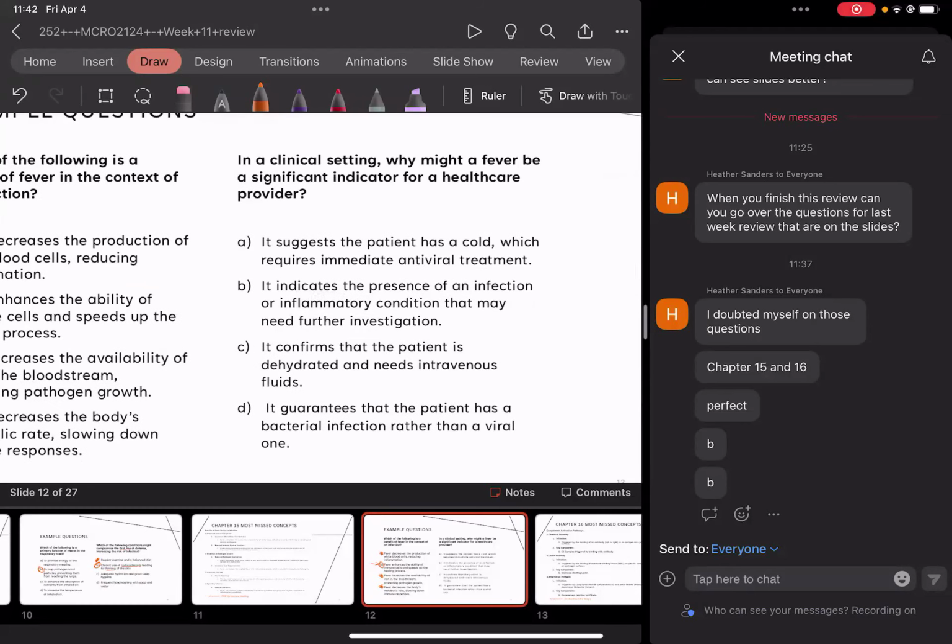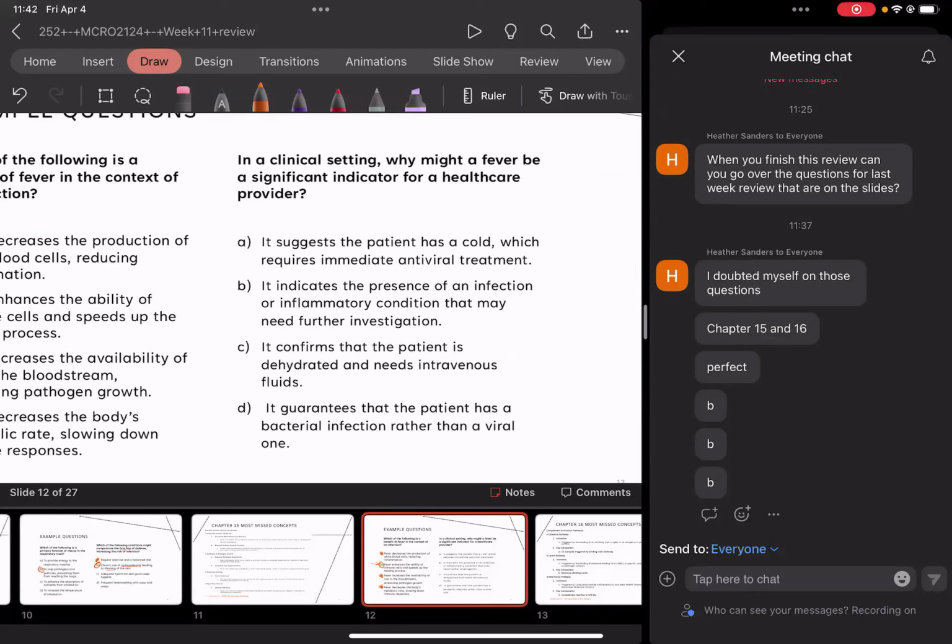Our next question, in a clinical setting, why might a fever be a significant indicator for a healthcare provider? Fever, if it is present, indicates that there's probably infection. There's at least an inflammatory response going on to something foreign. So let's look at our choices. Does fever suggest that a patient has a cold, which might require immediate antiviral treatment? I don't know. Let's look at our other choices.